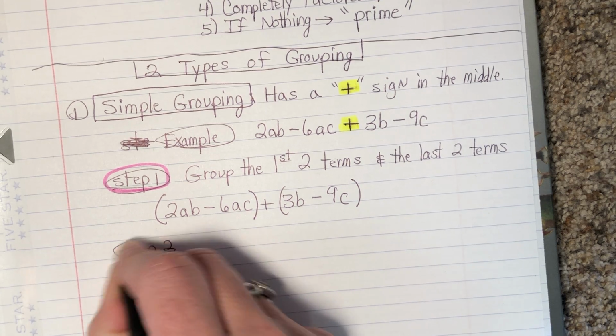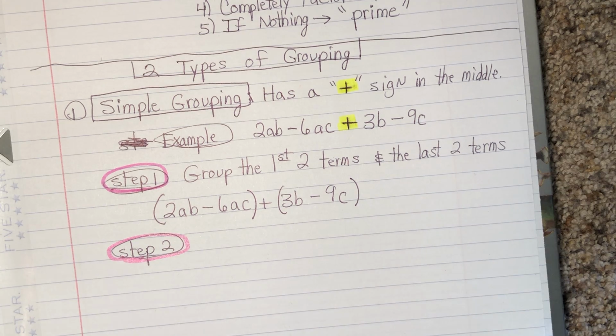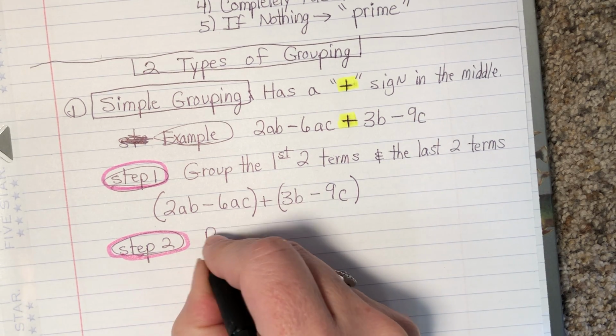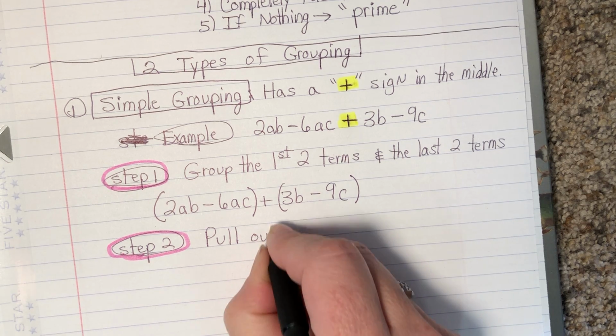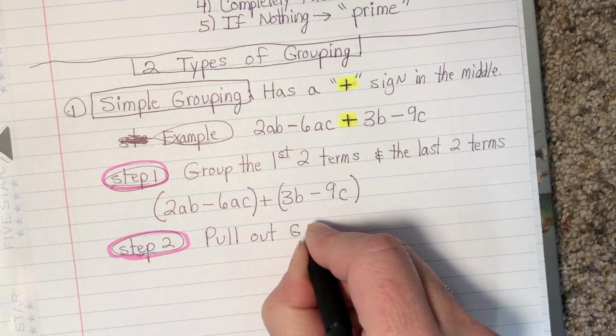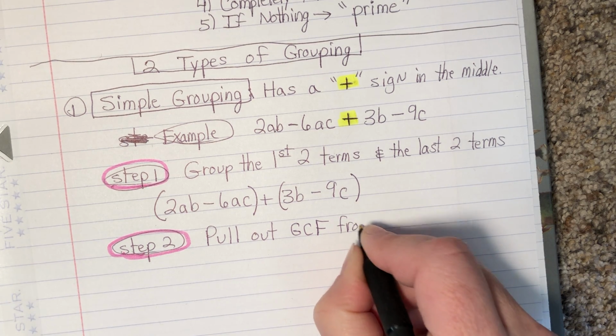Step 2 is that you want to pull out the GCF from each group.